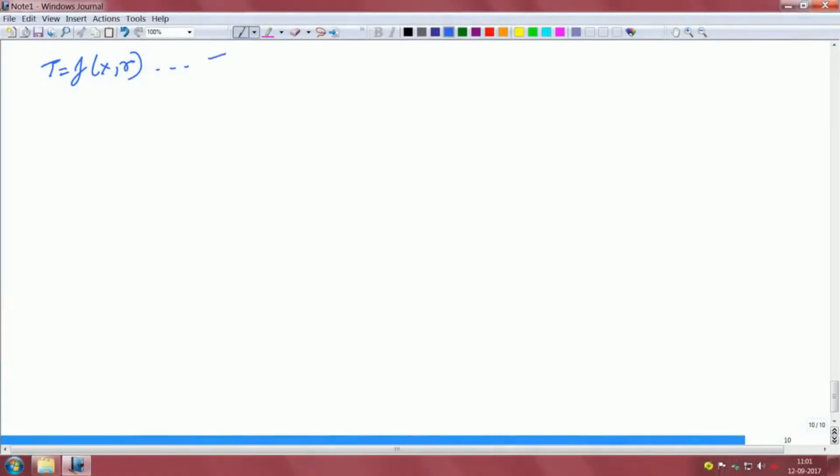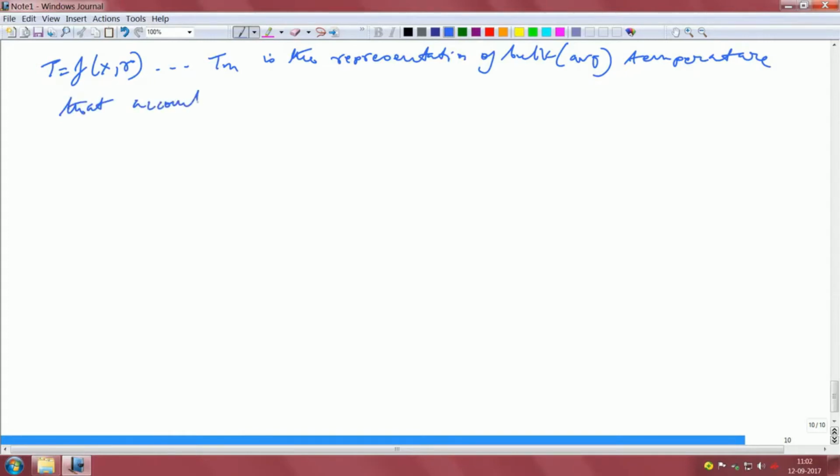So basically your Tm is the representation of the bulk, or in other words the average temperature, okay, that accounts for the r variation.